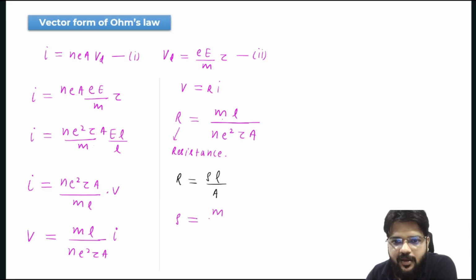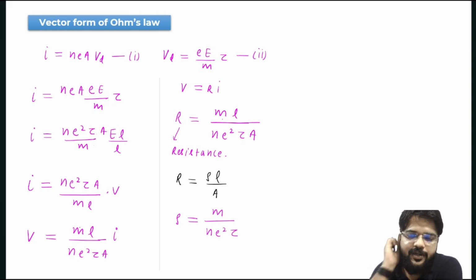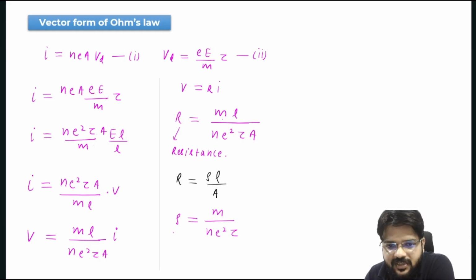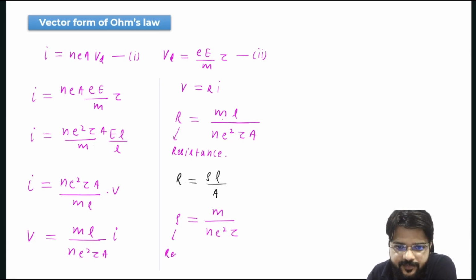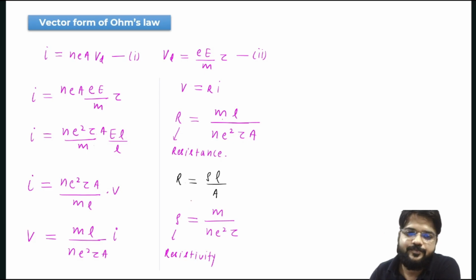So m by ne square tau, we have, correct? So this is what? This is the resistivity. So if I compare this relation with this formula rho L by A, resistivity we are getting. Now we have the resistivity formula. It is m by ne square tau, correct?